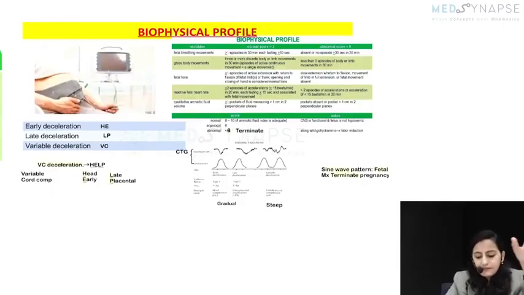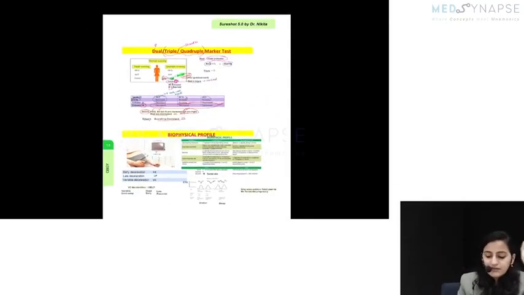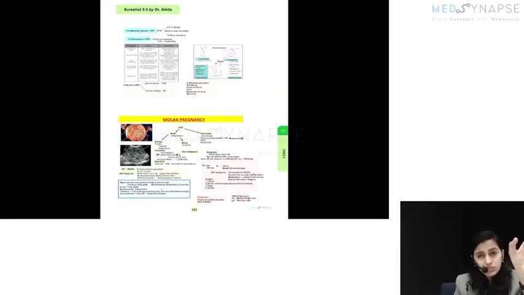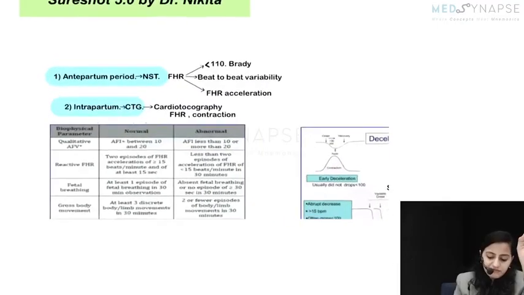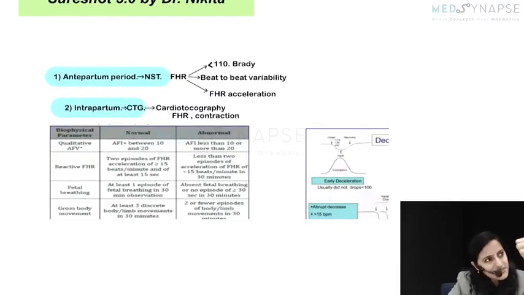Biophysical profile, basically to look at the fetal well-being. You know, whether the fetus में सब ठीक है, there's no hypoxia, everything is good. So to see the fetal well-being, you have NST, you have CTG, cardiotocography. What is the difference between the two? NST is done antepartum.